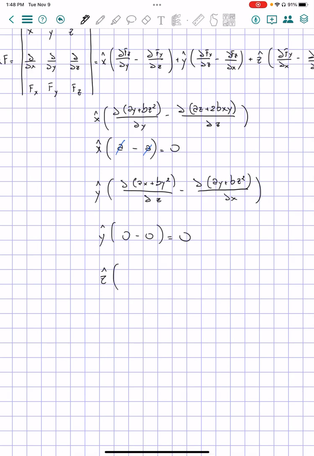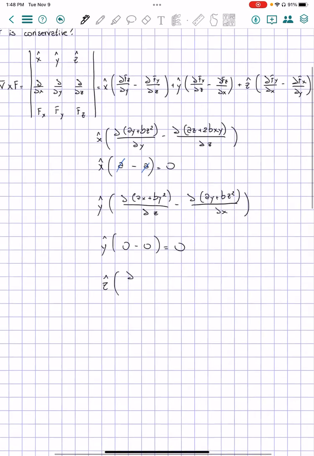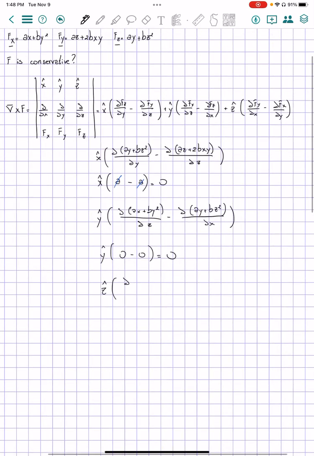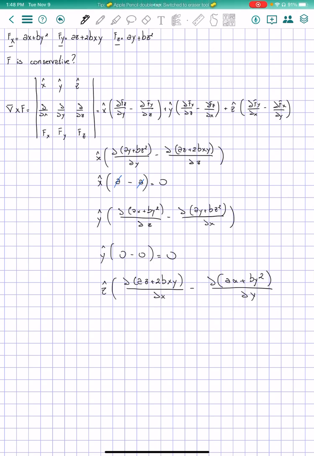Then z direction, I'm going to have the d of f of y, which is az plus 2bxy over dx minus d of f of x, which is ax plus by squared over dy. Oops, dy.